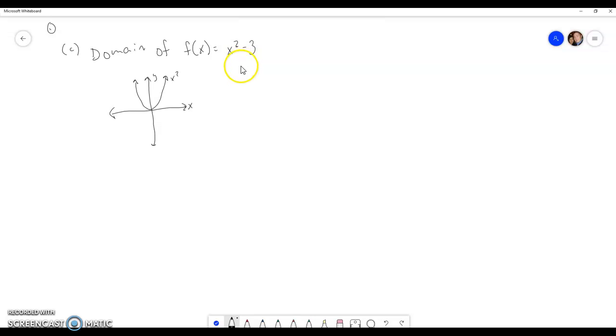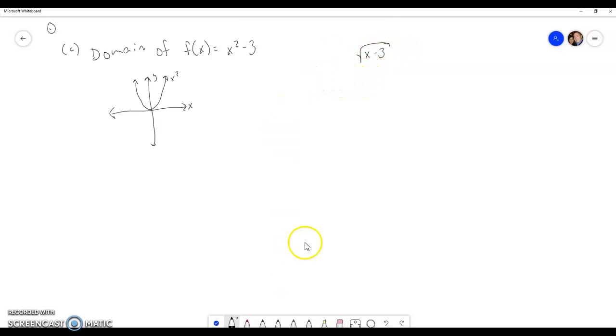What does that minus 3 part do? Okay, so since it's outside of that x squared function, right, before we had x minus 3 underneath the square root, and so that changed our function, moving it to the left or the right.